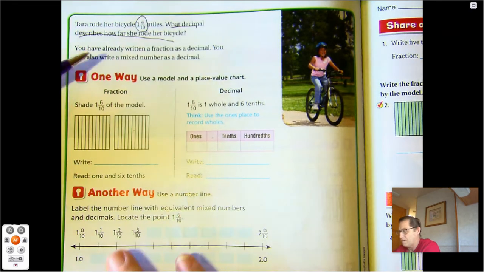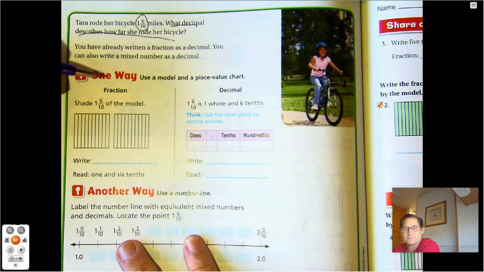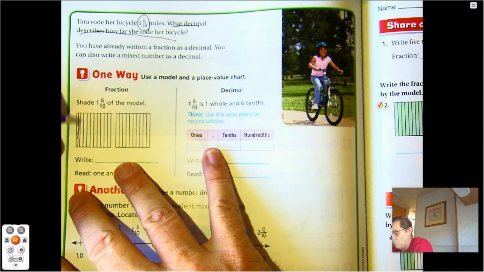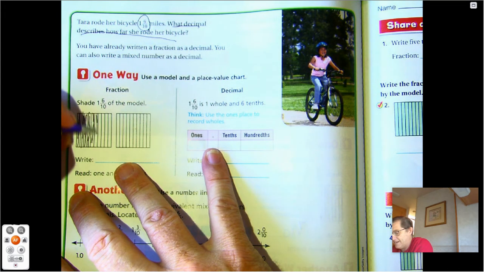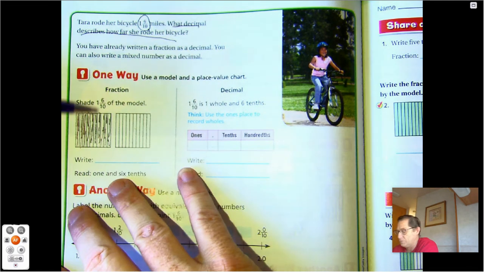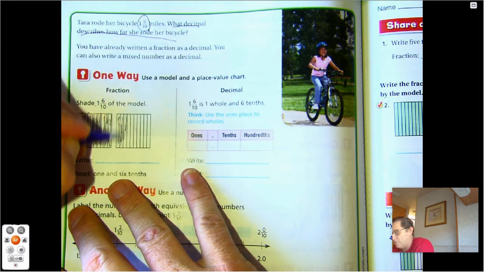So we're going to shade our model to represent the way we currently are familiar with modeling fractions. And 1 6/10, that means you have one section that has 10 out of 10 parts, and 10 out of 10 would be equal to 1, right? And then we have 6/10 of another part.